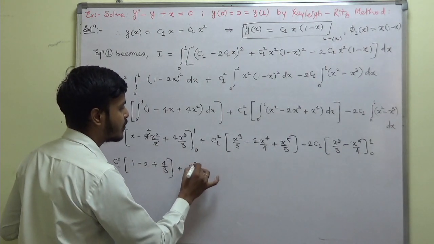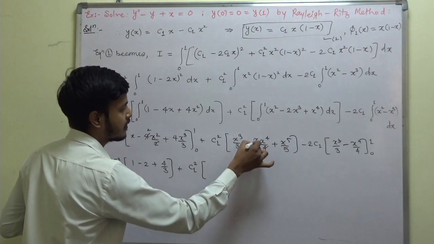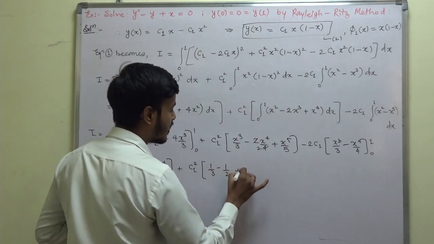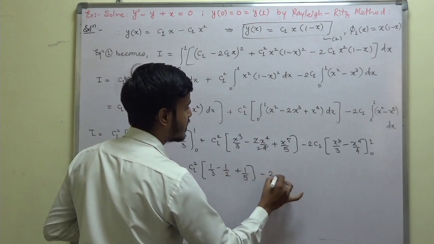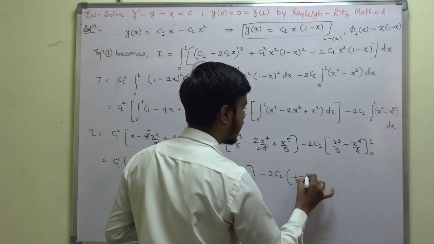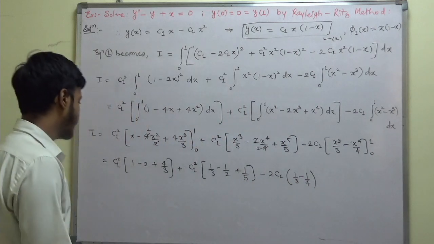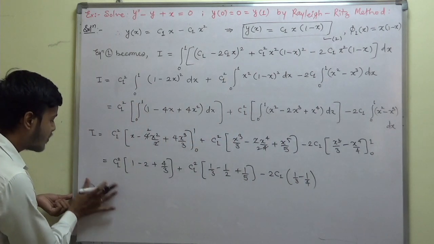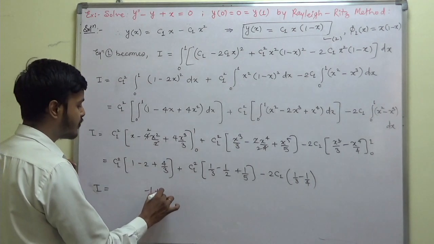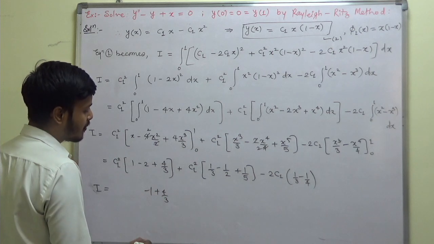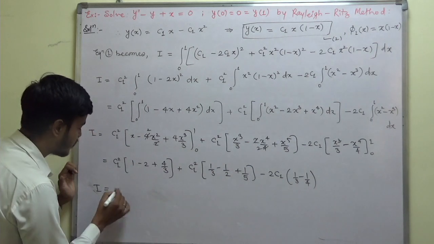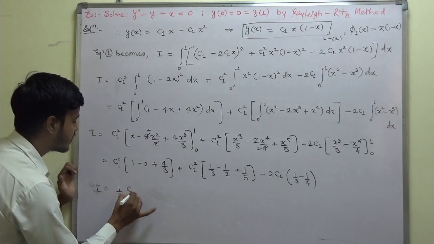plus c1 square times 1 by 3 minus 1 by 2 plus 1 by 5, minus 2c1 times 1 by 3 minus 1 by 4. The moment you solve this: minus 1 plus 4 by 3, so minus 3 plus 4, this is 1 by 3, so 1 by 3 c1 square.